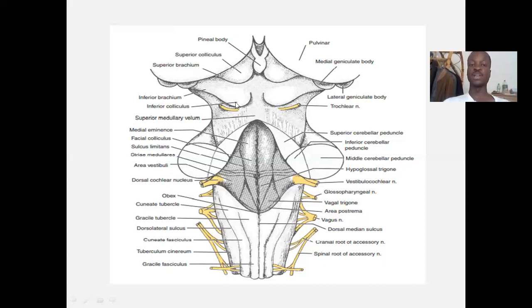The inferior colliculi, via the inferior brachium, attach to the medial geniculate body of the thalamus. Then your superior colliculi, via the superior brachium, are connected to the lateral geniculate body of the thalamus, which subserves sensations to do with vision, right?